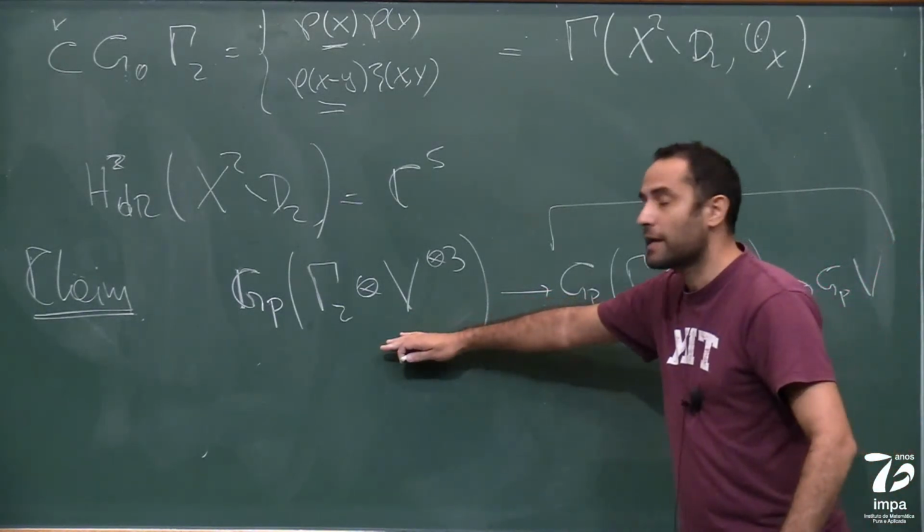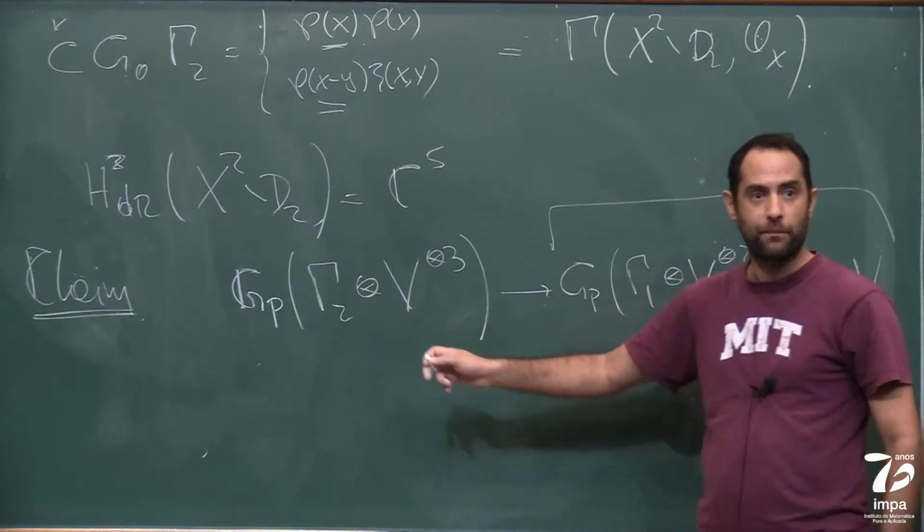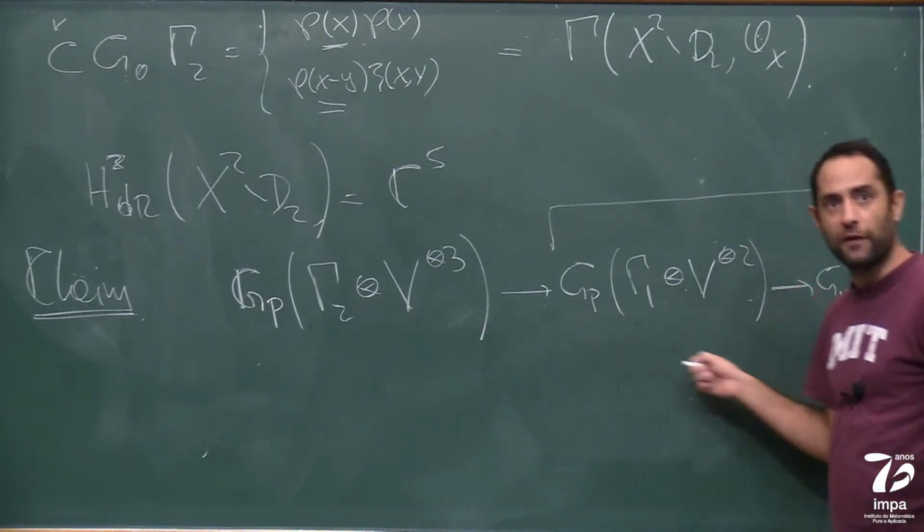And then when I pass to the associated graded, I only need the associated graded of V, which is a Poisson vertex algebra. So knowing something about Poisson vertex algebras would bound the chiral homology of vertex algebras. And this is general.